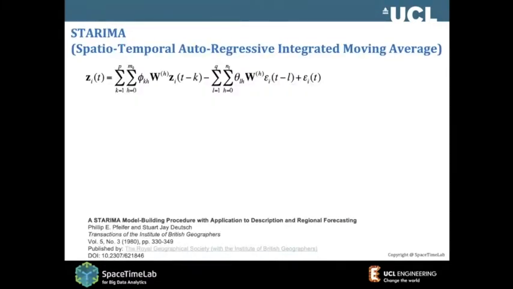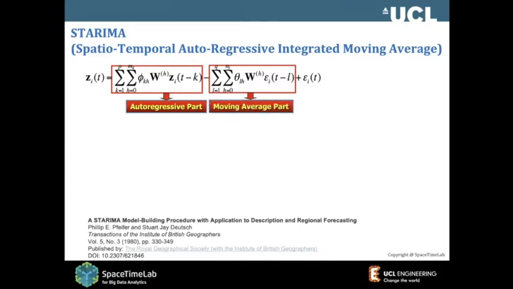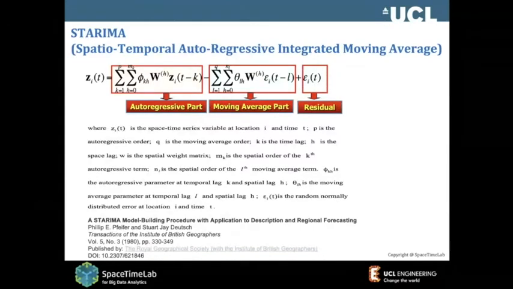So what's the challenge? Before we can really move to deep learning, let's have a look at what has been developed in terms of integrated spatial-temporal modeling. I want to start from this one, STARIMA. I don't know how many of you are doing spatial-temporal modeling, but let me start with this one.